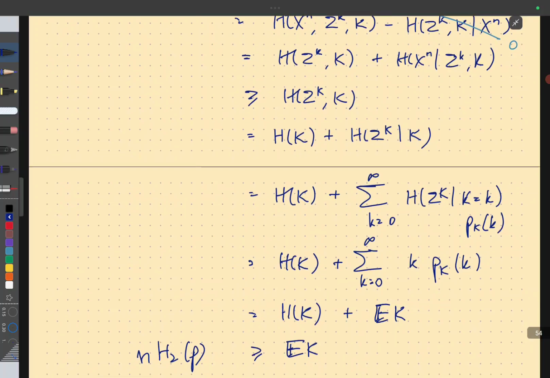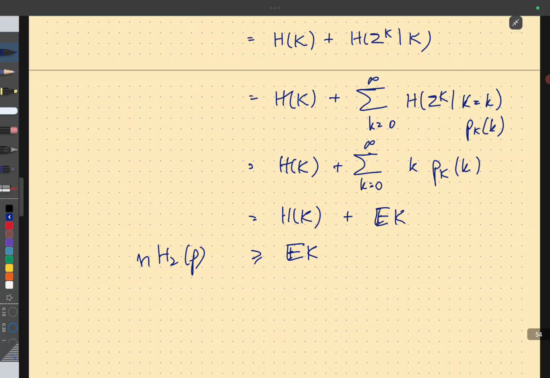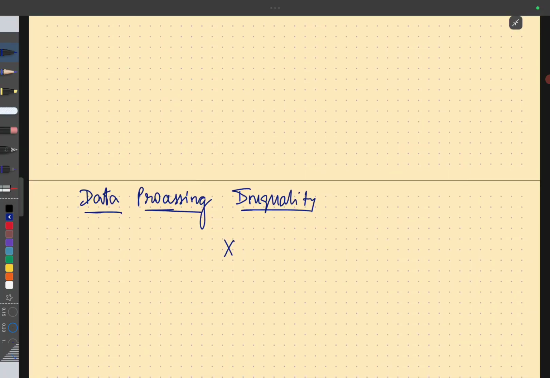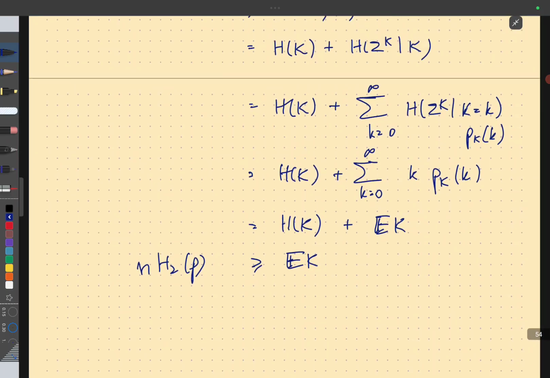And in this case, the expectation of k is upper bounded by the joint entropy between Zk and k.